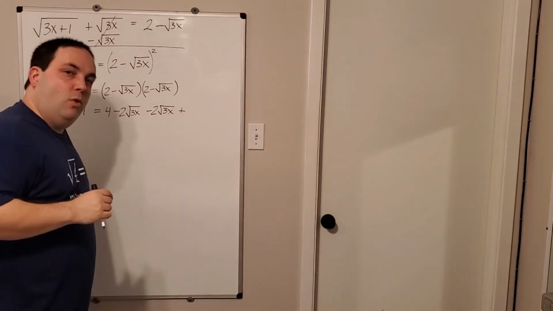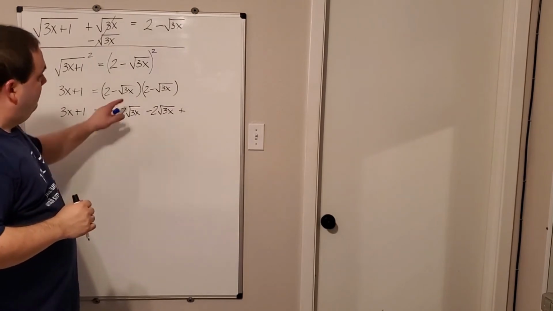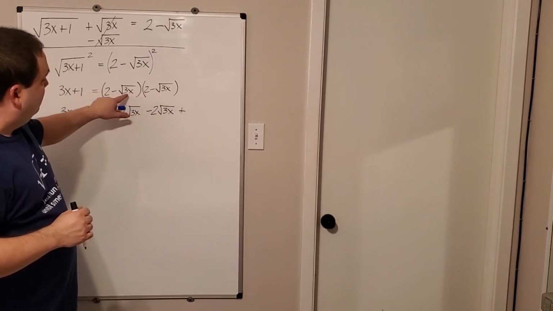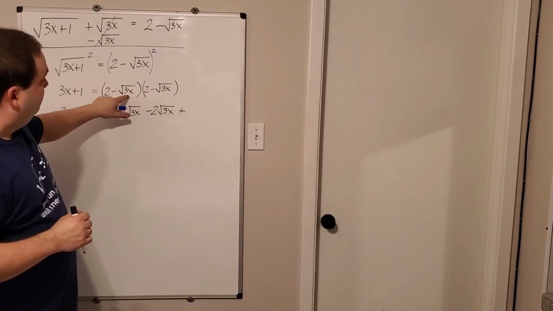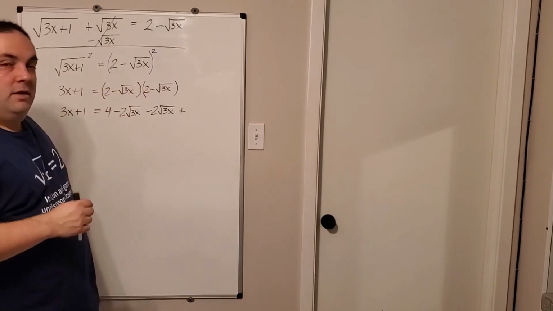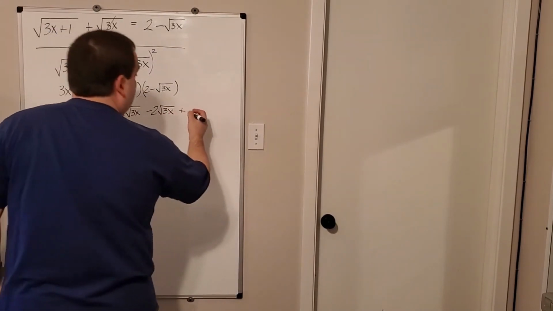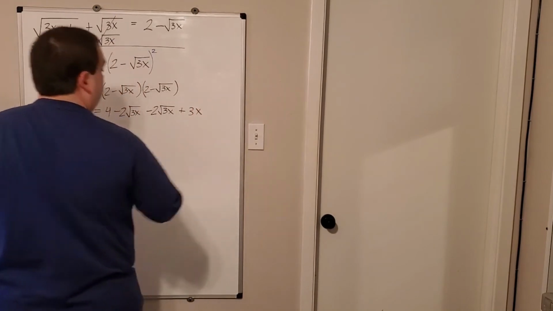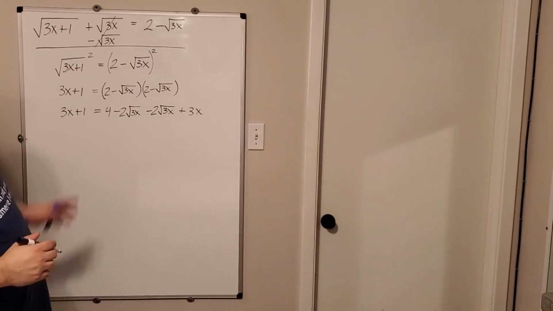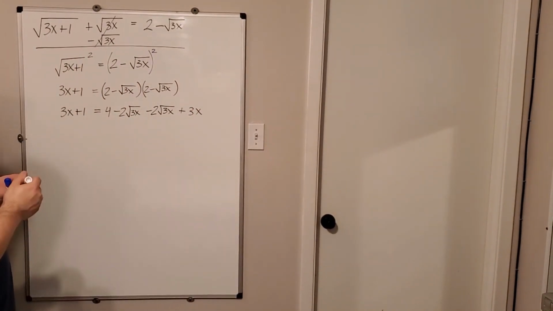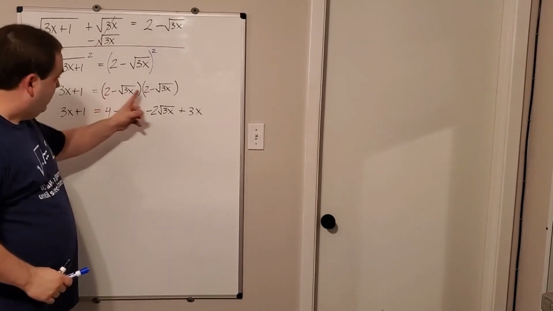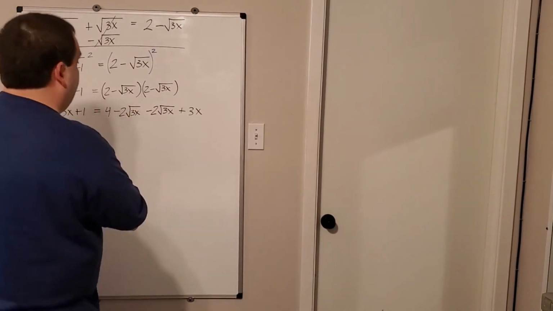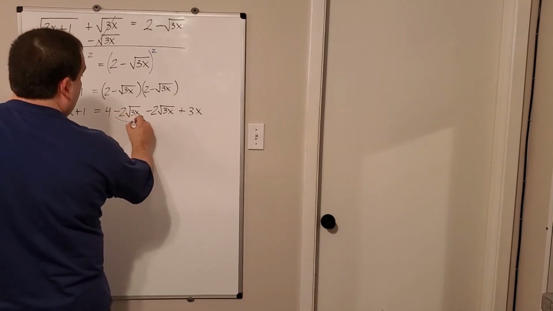We've seen that before in the rationalizing lecture, right? Whenever you multiply two square roots that are the same, you end up with just the object back. So 3x in this case, right? Also, don't get this confused with the conjugates. They're not conjugates. They're the same sign. So these two pieces in the middle are not going to add out to 0.